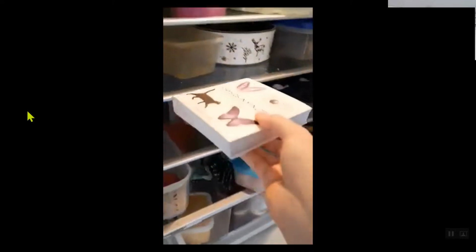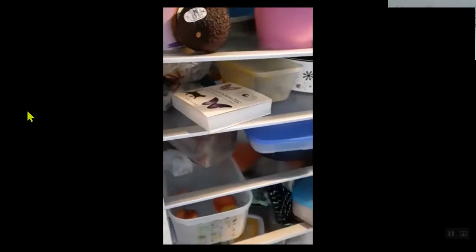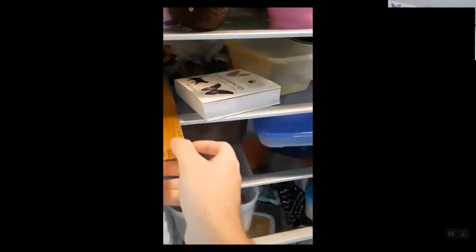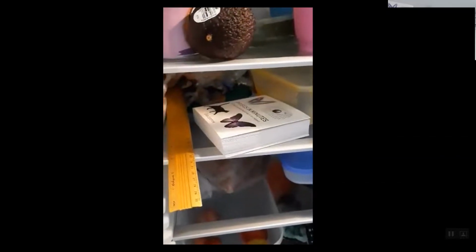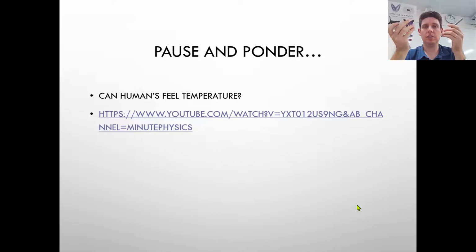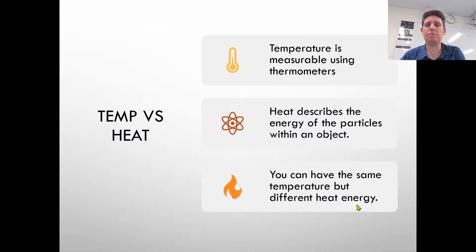So they're sitting in the fridge, they get to the fridge's internal temperature, you take them out, and what happens? The metal feels colder than the book, even though they're the same temperature. This is really the difference between temperature and heat. Watch that video to find out more. Minute Physics, a great channel to check out.